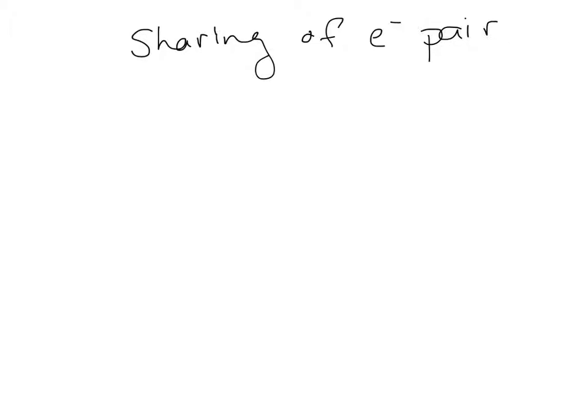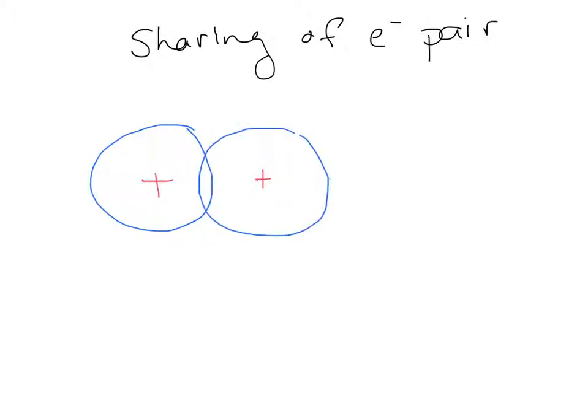What it usually involves is a positive nucleus, and around that we have our orbital. Then we have another positive nucleus, and the orbitals overlap. In between we have one electron and two electrons.